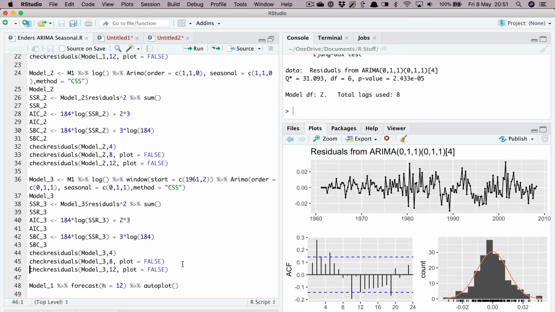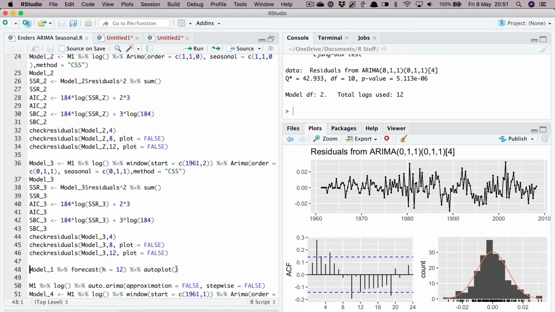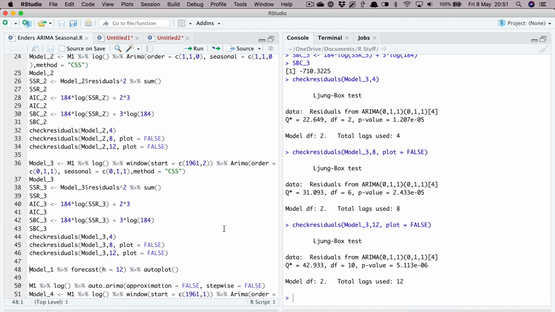Yep, these are massively significant, different from 0 with those very, very low p-values. And then 12 lags, again, a problem as to be expected given this pattern of individual ones here. So it looks pretty much, and this is what Enders himself concludes, that model 1 is the best of the 3 models here, the ones he thinks are a reasonable fit to the data.